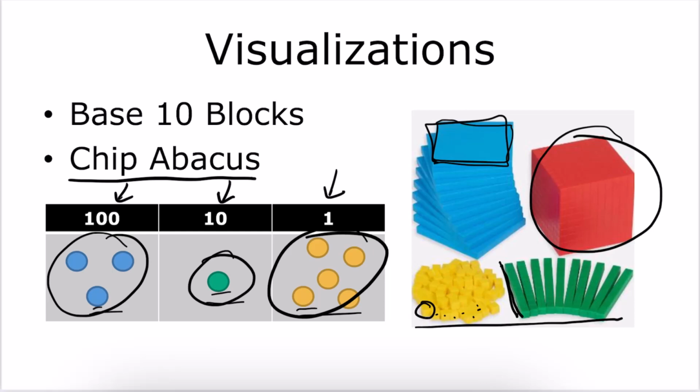So you should probably start by using the base 10 blocks, and then you can abstract it to a chip abacus. This is something I would really recommend using whenever you're introducing a new concept, because it's going to help the students conceptually understand how it works instead of just memorizing facts.